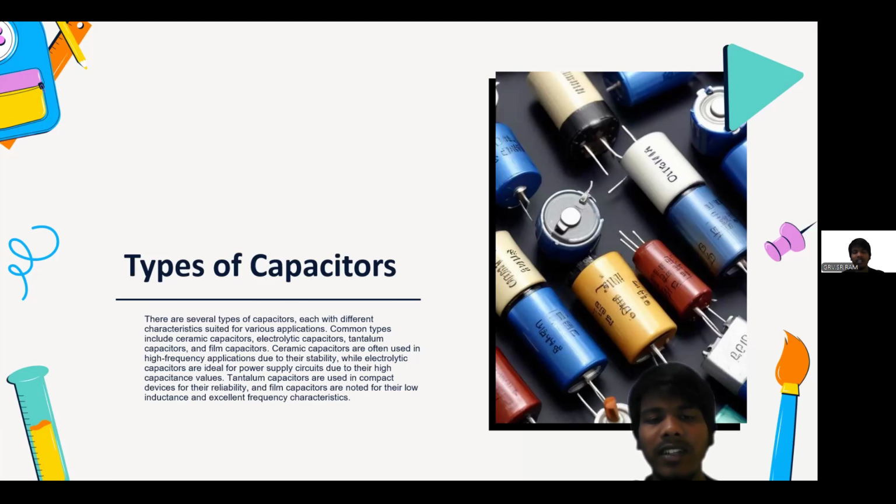Ceramic capacitors are often used in high frequency applications due to their stability, while electrolytic capacitors are ideal for power supply circuits due to their high capacitance values. Tantalum capacitors are used in compact devices for their reliability, and film capacitors are noted for their low inductance and excellent characteristics.